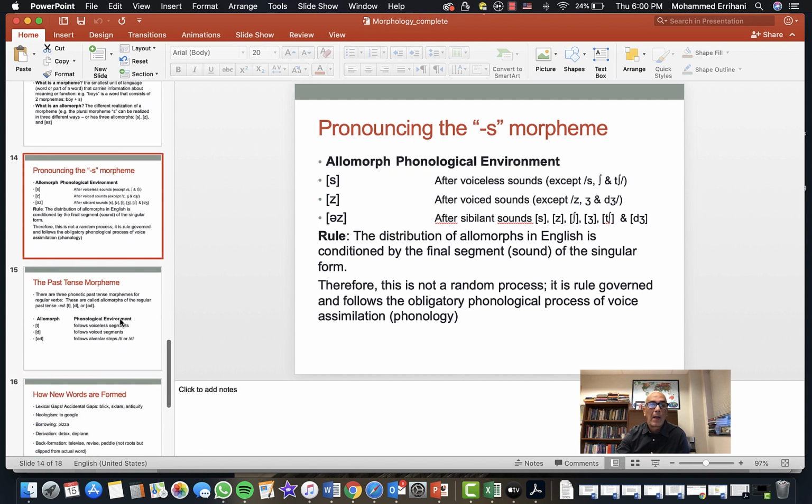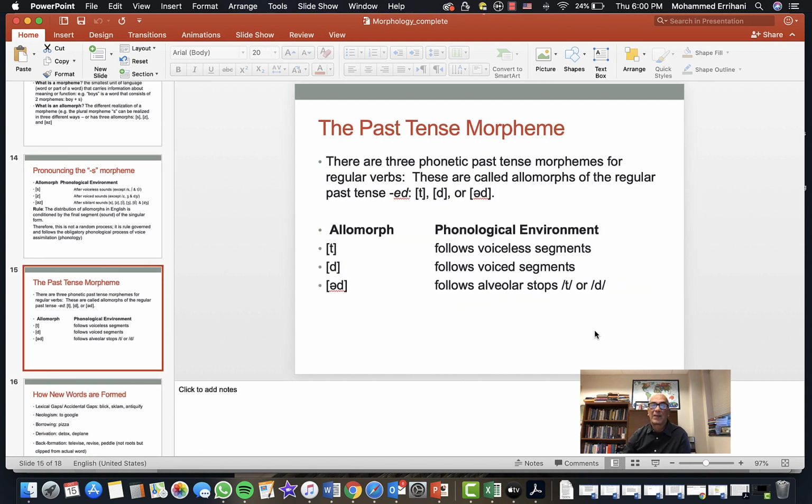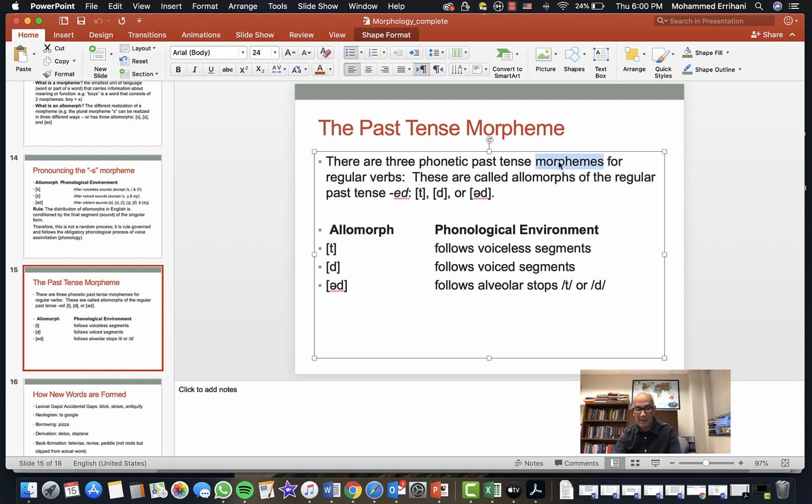Now, from the S morpheme, we're going to move on to the past tense morpheme, which is typically referred to as the ED that you attach to a word. Now, again, the ED has three phonetic variants for regular verbs. This should be allomorphs, not morphemes. I should correct this.